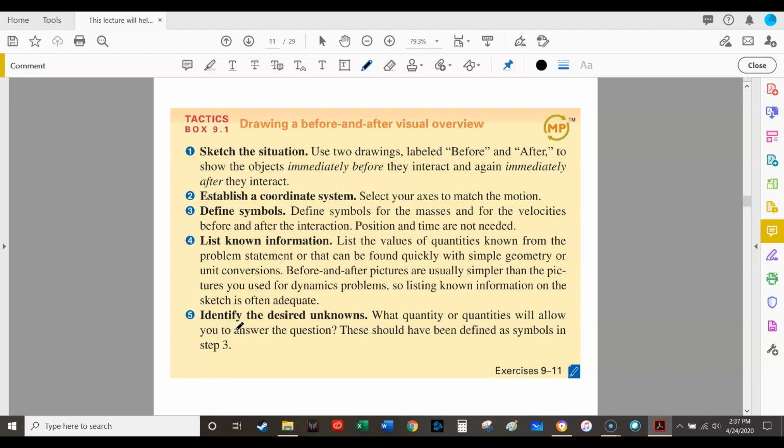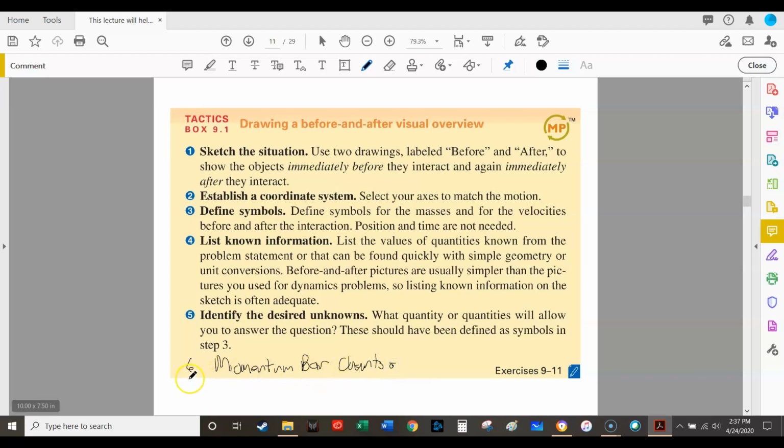And one more step here that isn't added here but should be is that we're going to make momentum bar charts to help us construct the equations. Okay?